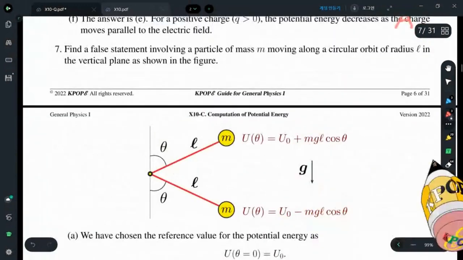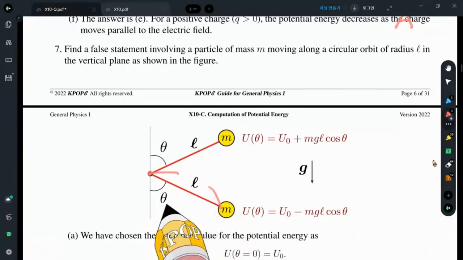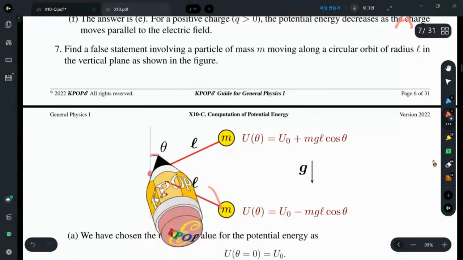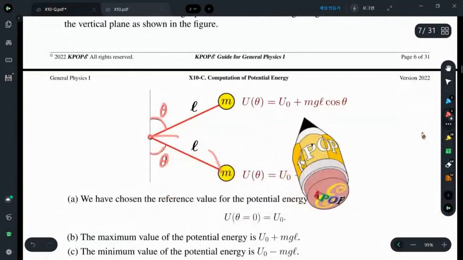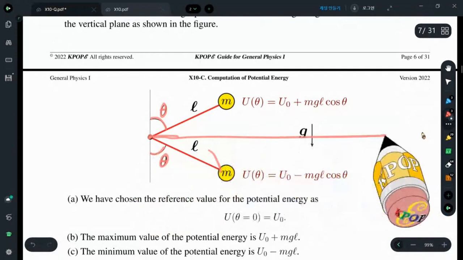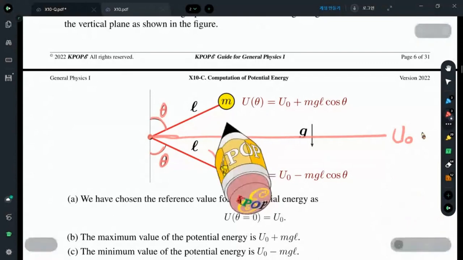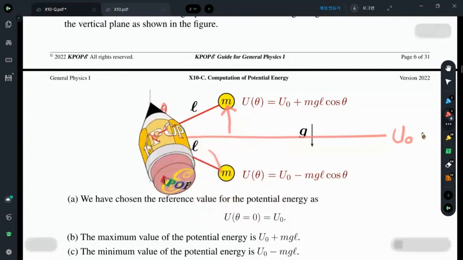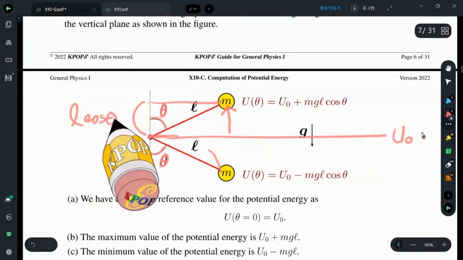Number 7, we have a pivot and we have a lever arm of length L, and we have an angle theta, either this theta or that theta from the vertical line. If we choose the reference point to be in here and choose the reference value to be u0, then this is above this reference point by L cosine theta, right?